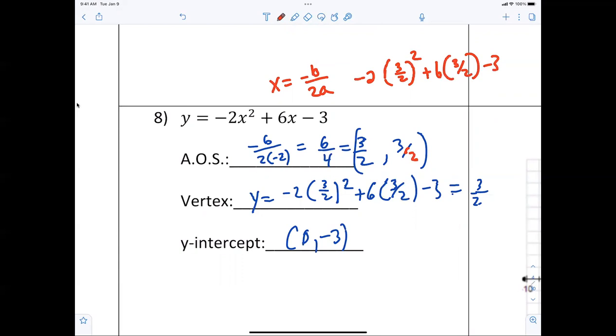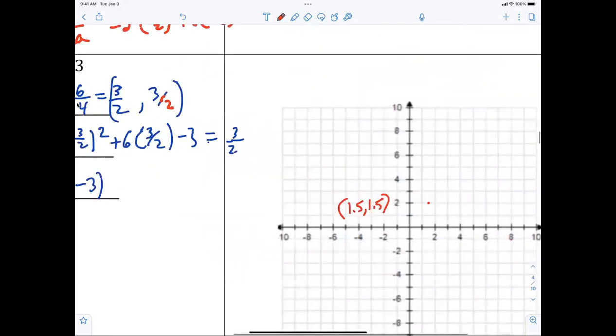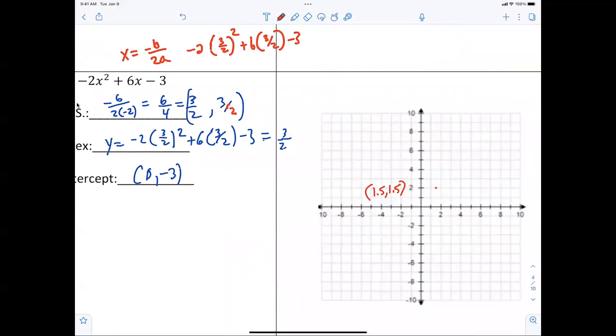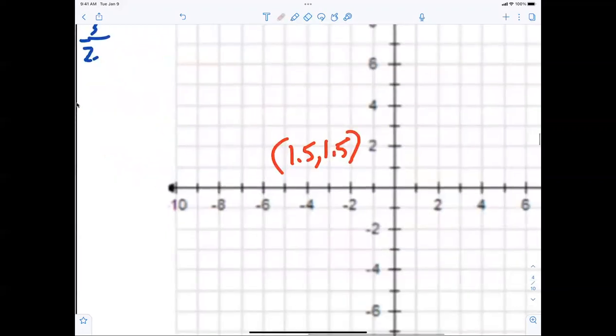Anybody have trouble with that being 3 over 2? Anybody? Nobody? All right, so now let's graph it. Somebody asked me, where is 3 over 2? 3 over 2 is 3 divided by 2, which is 1.5. So we're going over 1.5 and up 1.5.